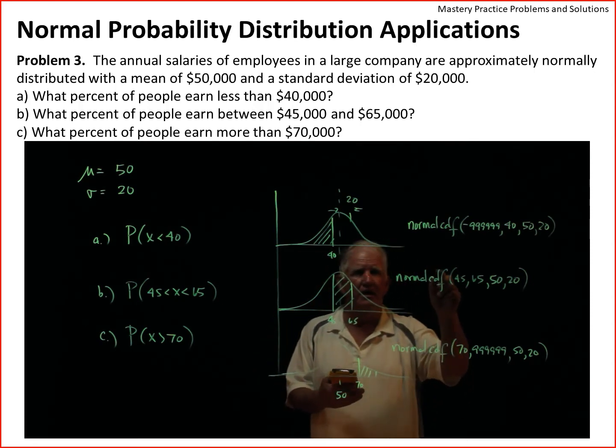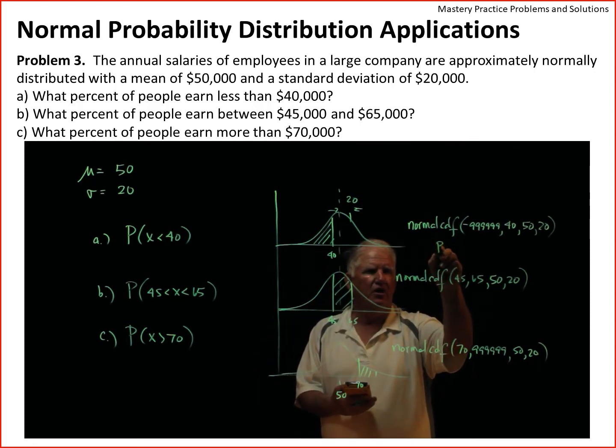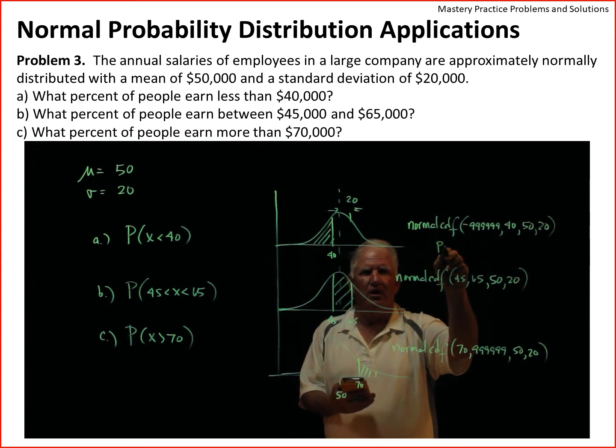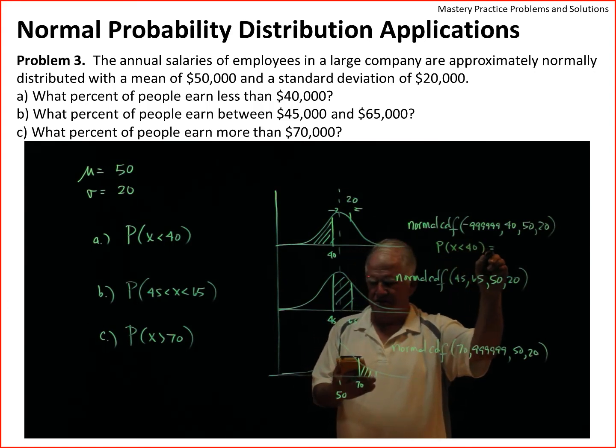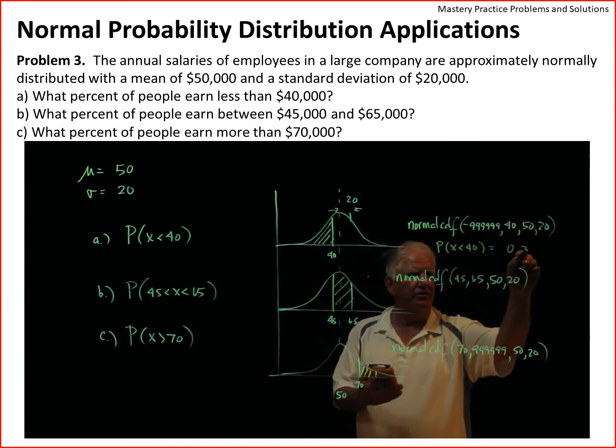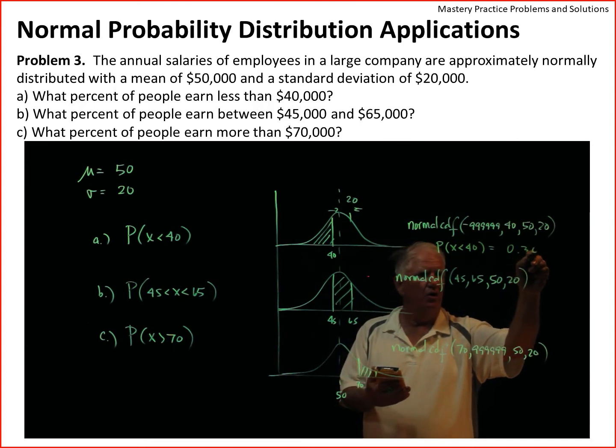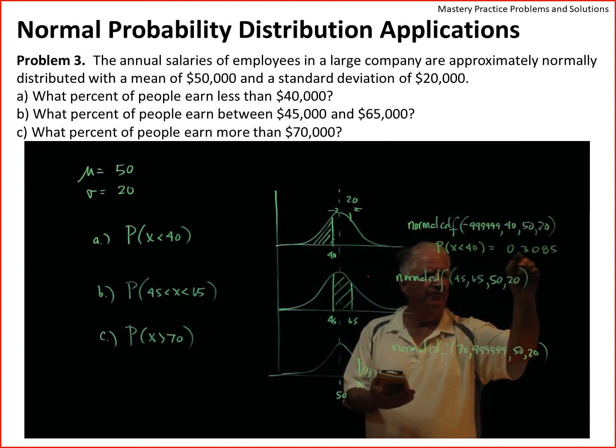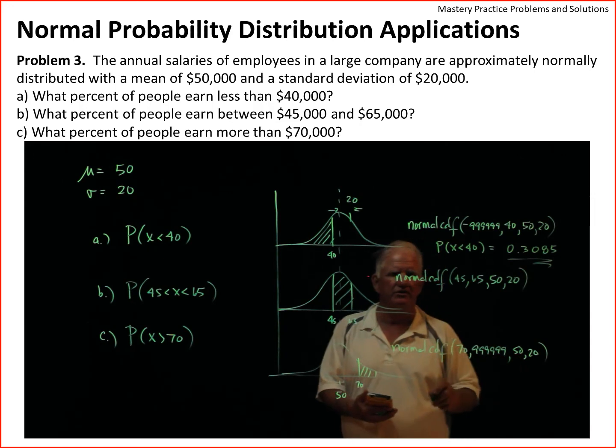Don't ask me why. And so I'm going to call the probability that we're looking for, x less than 40, equal to 0.3085. Okay? There's one answer.